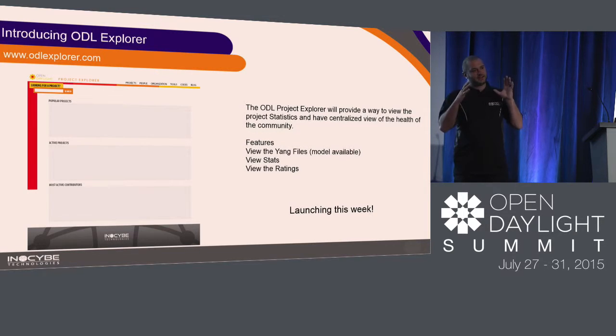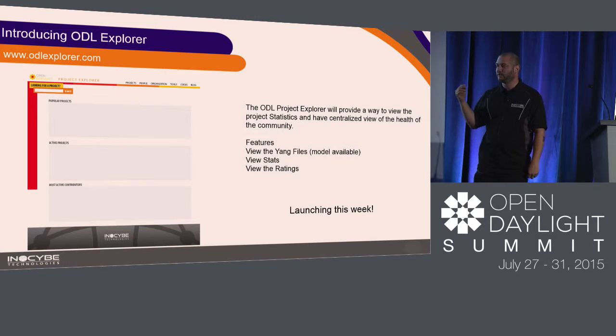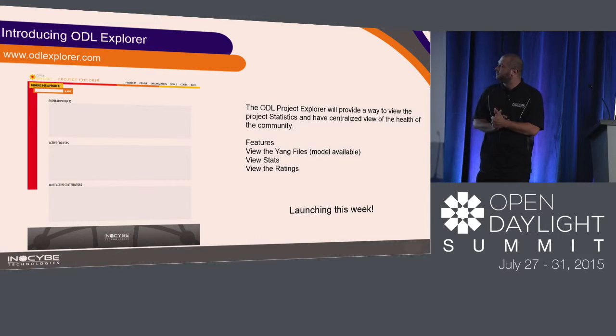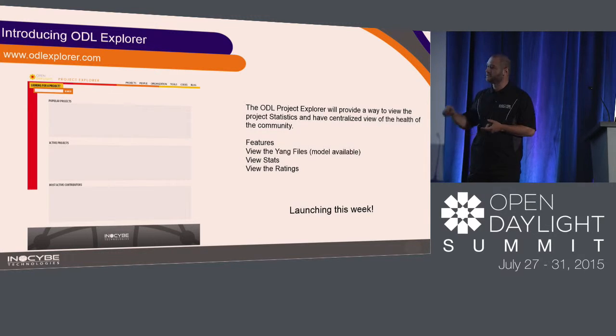That's really the reason why I wanted to have this talk with you guys and talk about navigating ODL. We are working hard on this tool, and we need feedback. We need community input on what you would like to see out of that tool. Right now, from a functionality perspective, we have the ability to browse the projects, have the project categories, see what YANG files come from what projects, and search the models across the different projects.